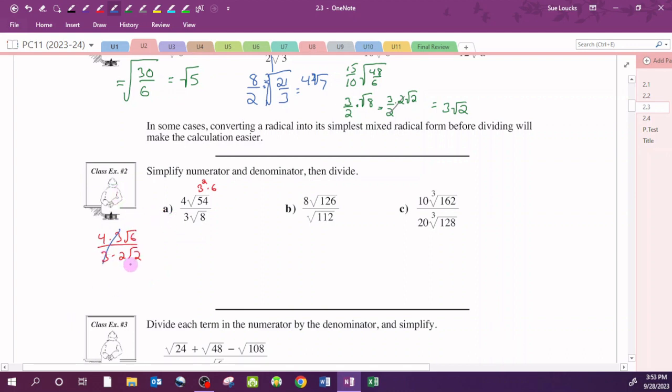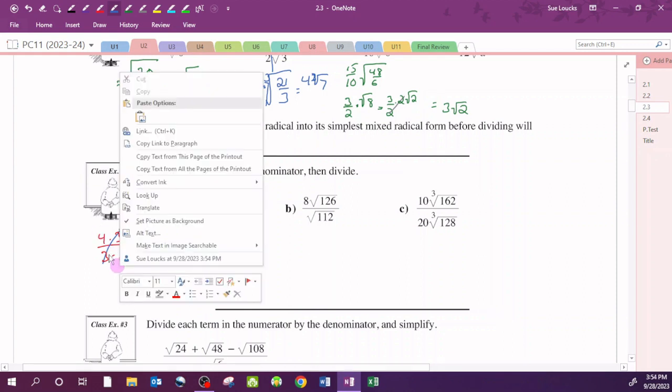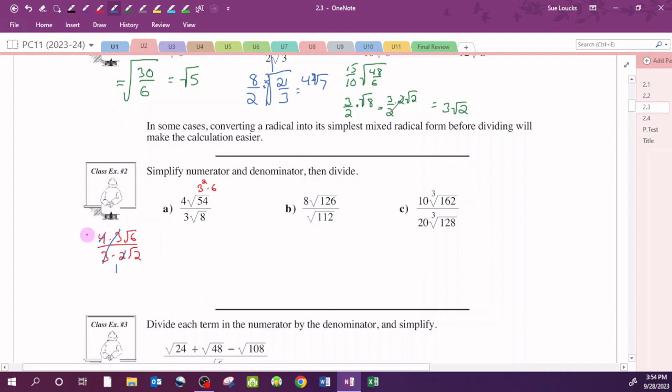And I could actually cross-reduce this piece as well, the 2 divided by 2 is 1, and the 4 divided by 2 is 2. So this now equals 2 times the square root of 6 divided by, sorry, no, I messed that up. That's 6 over 2. So that equals 2 times root 3.